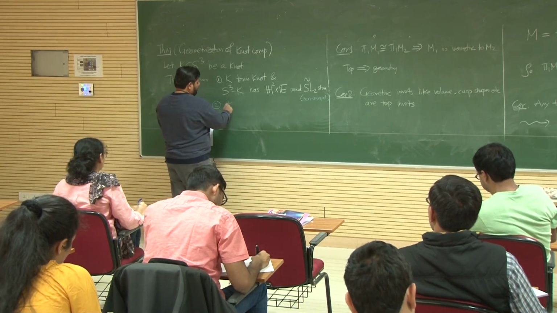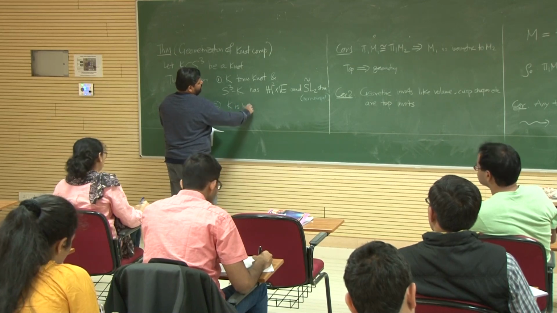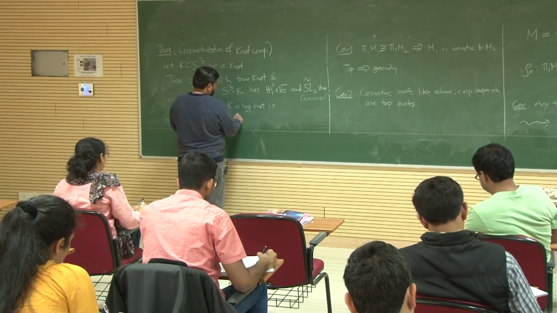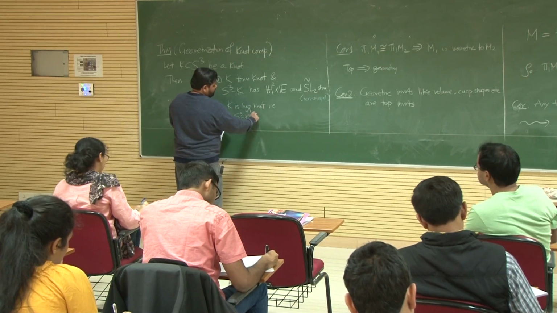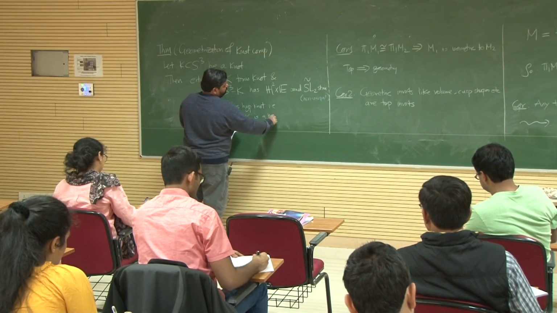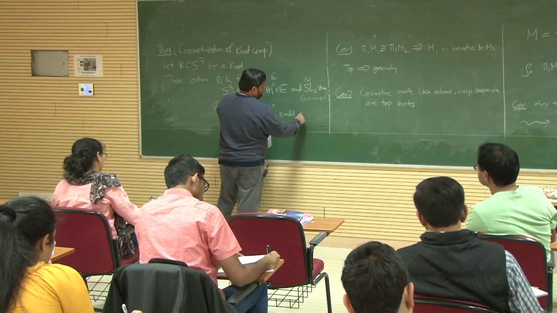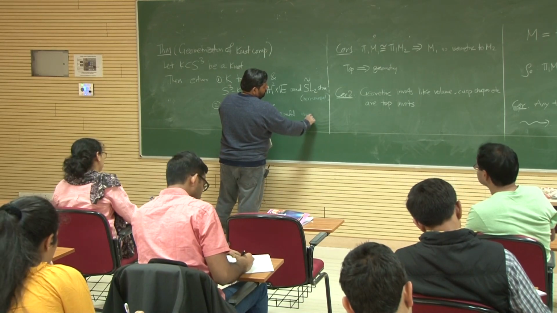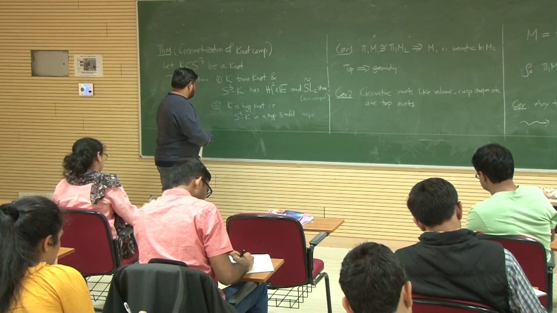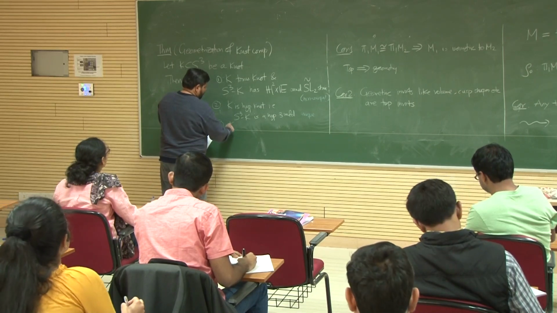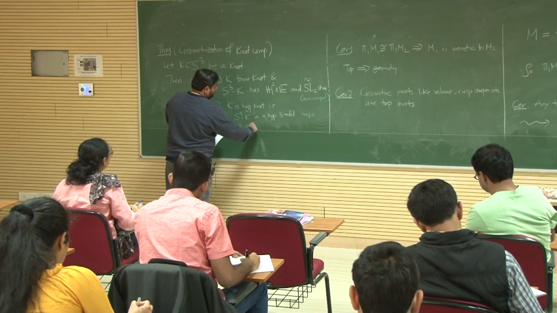Or K is hyperbolic. What does it mean to say K is hyperbolic? That is, S3 minus K is a hyperbolic manifold. And in this case, this is unique geometry. In the last case, K is a satellite knot.